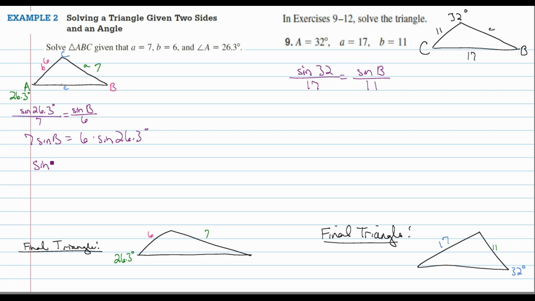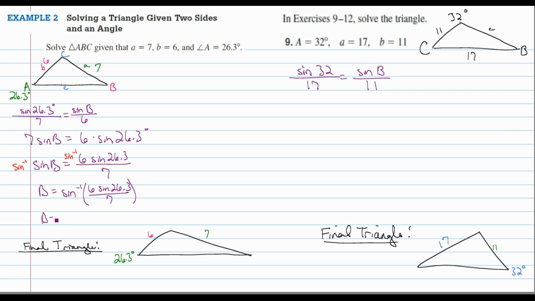The sine of B then is going to be 6 times the sine of 26.3 degrees all over 7. I'm looking for angle B, so I have to take the inverse sine of both sides. So now angle B is the inverse sine of 6 times the sine of 26.3 all over 7.